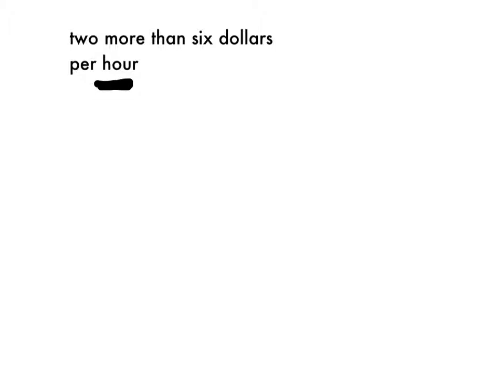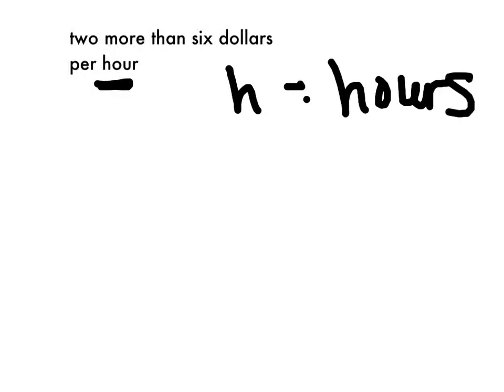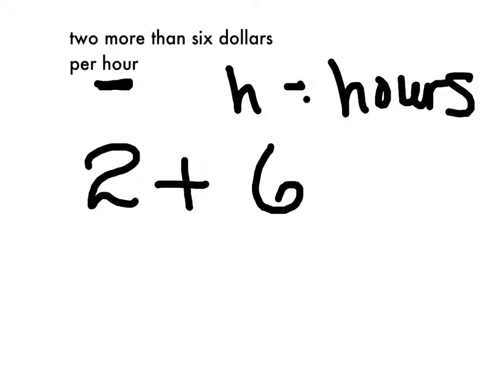We could just say h equals hours, and then write this as an algebraic expression using symbols. We write the number 2, more than means plus, and then $6 per hour, we write 6 times h. In algebra, that 6 is a coefficient, so we put 6h, which just means 6 times h. So we'd have 2 plus 6h.